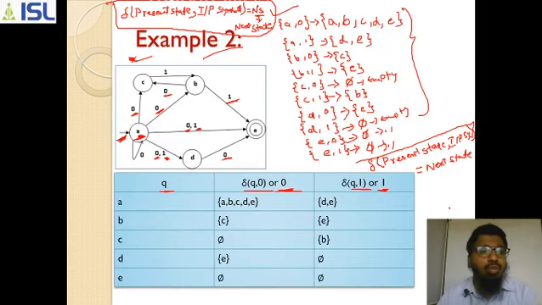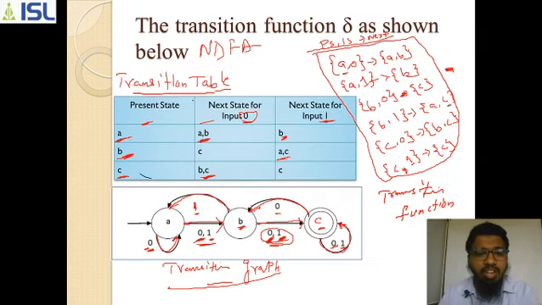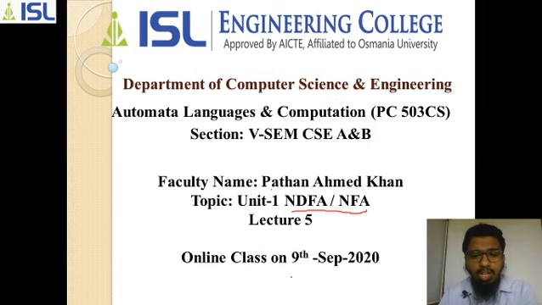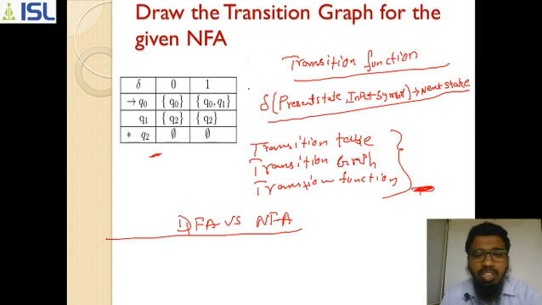We took another example in the last class. While seeing the table we created the transition function, and with the help of the graph we make a transition function. In today's class we are going to see some of the examples. This is like the transition function, delta.